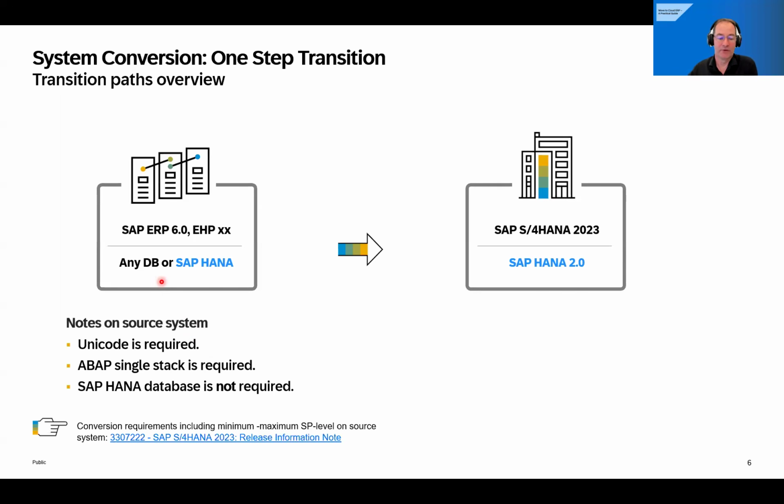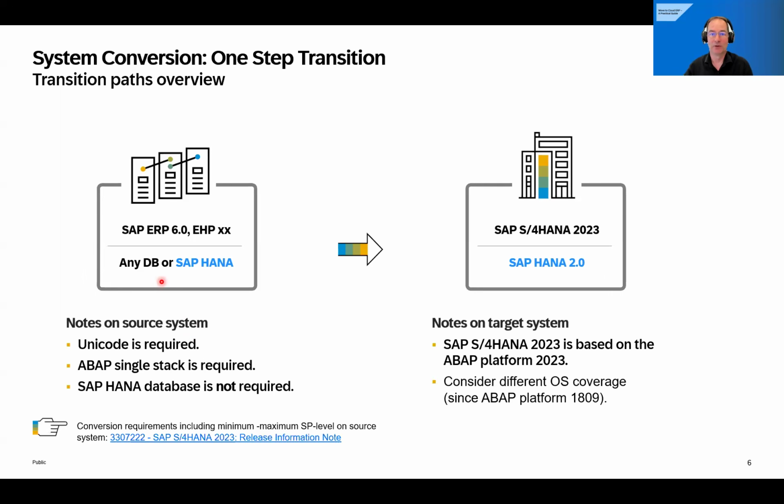The requirements for the respective target are listed in an SAP note. You see here the SAP note listed on the slide. Concerning the target system, I've listed 2023, that's the latest available release, and SAP S/4HANA 2023 is based on the ABAP platform 2023. I just mention this because SAP S/4HANA is not based on what we called SAP NetWeaver.